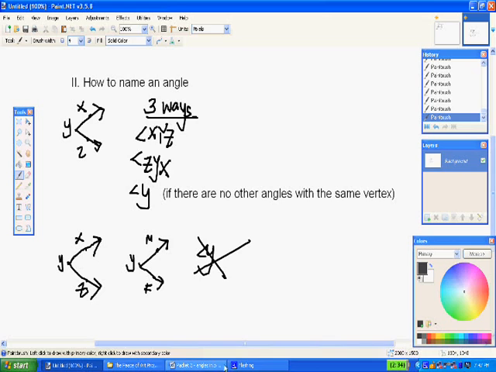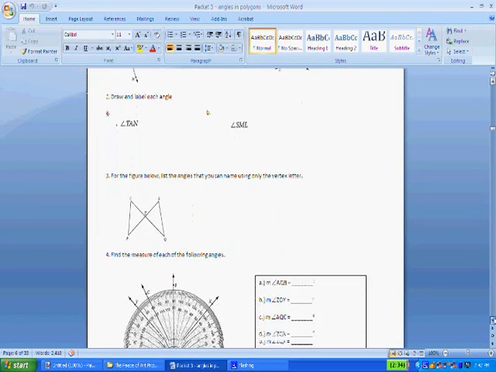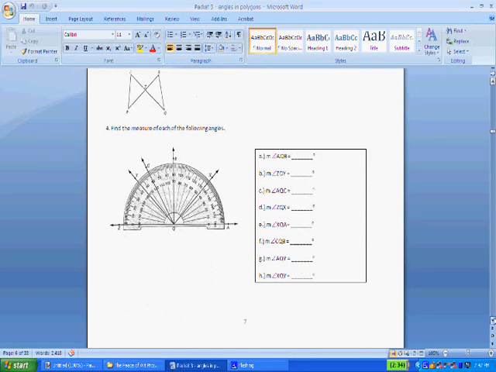At this point, go ahead and go to your packet and try page 7 out. And when you're done with page 7, go ahead and come back and play the video again.